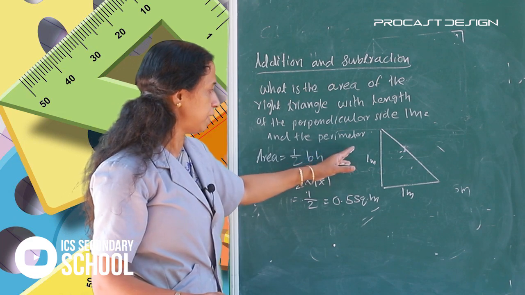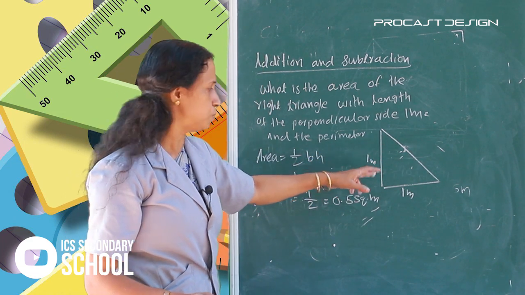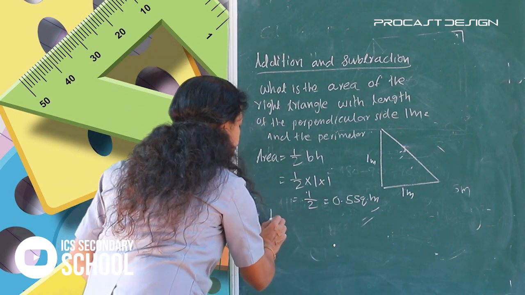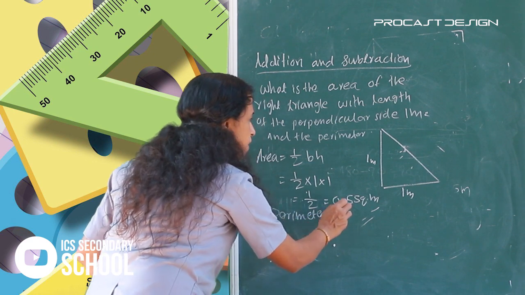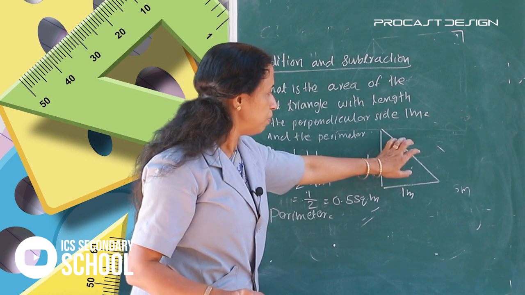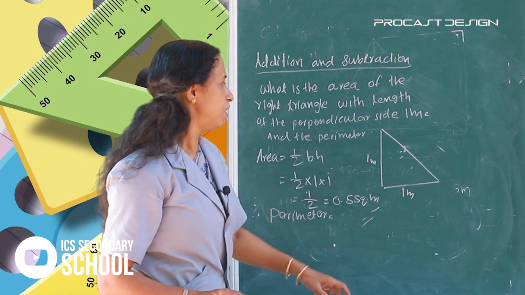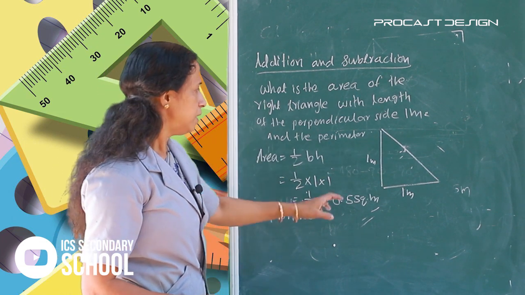Find the perimeter. The sum of these sides is the perimeter. Perimeter is equal to 1 plus 1 plus the length of this side. First find the length of this side. How can we find it?